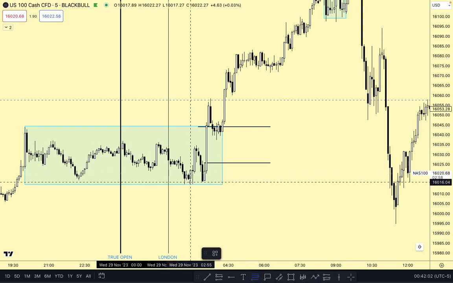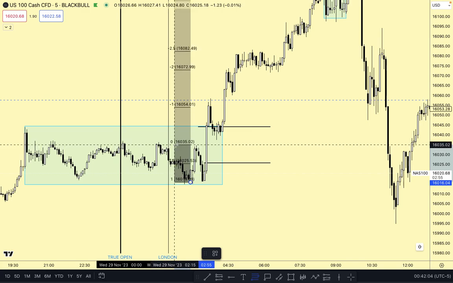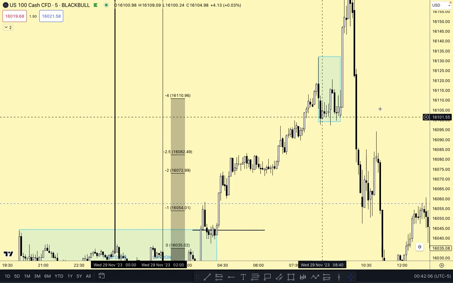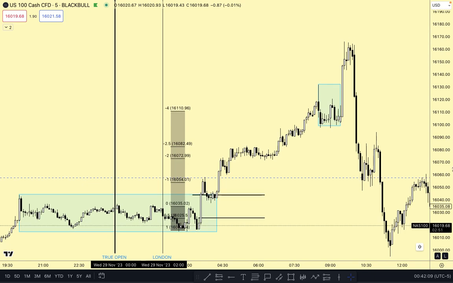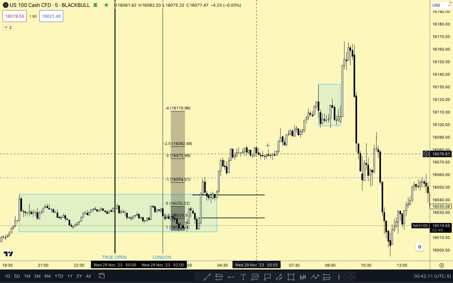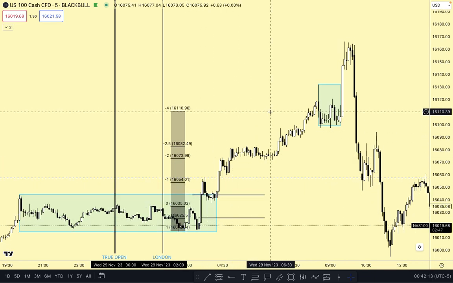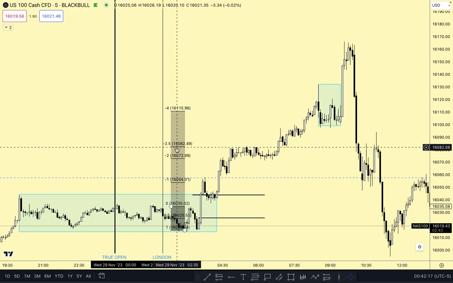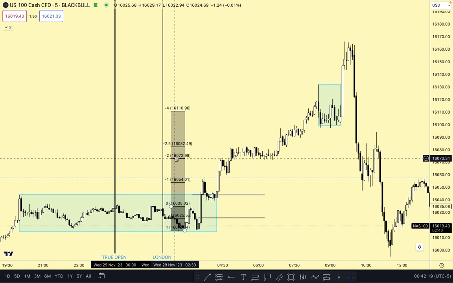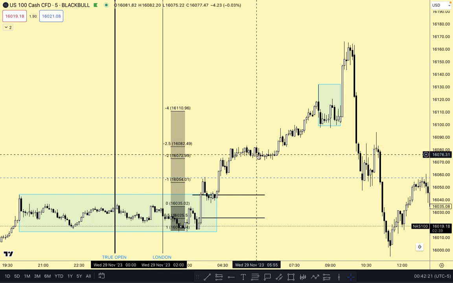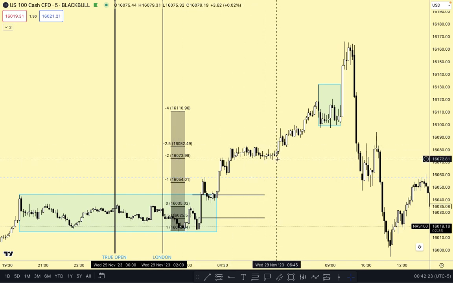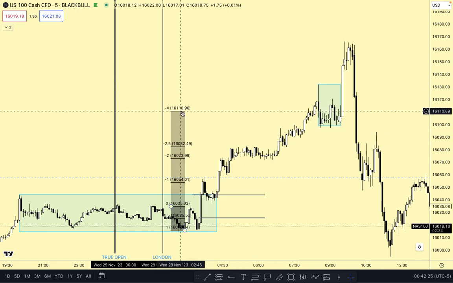Then I put it on the bottom and then pull it up to the top there. It got up to the 0.4 level standard deviation. At the 2 and 2.5 we saw some consolidation or some more accumulation there, and then we proceeded to shoot up.